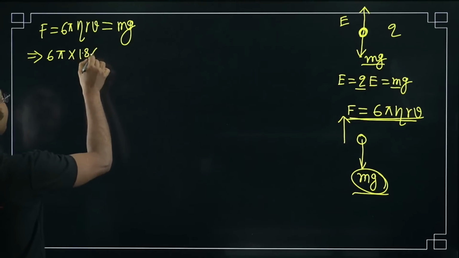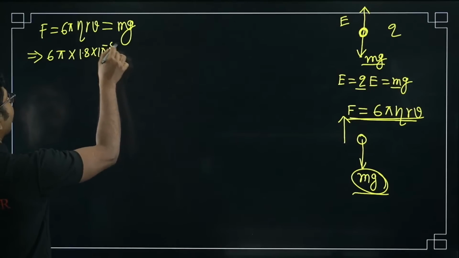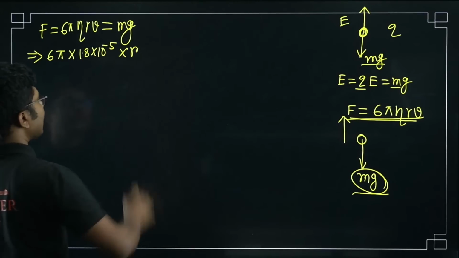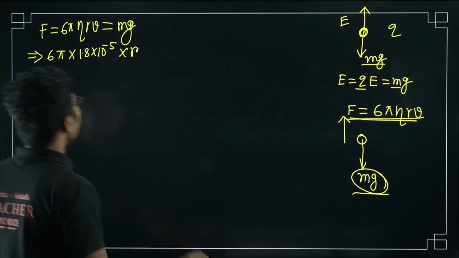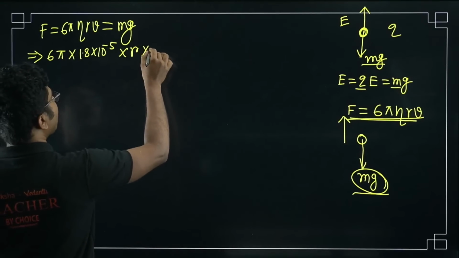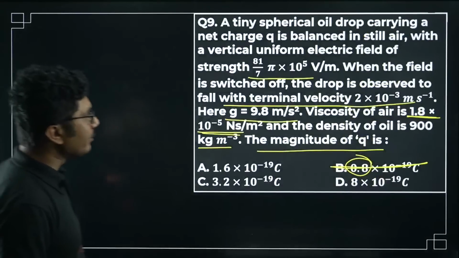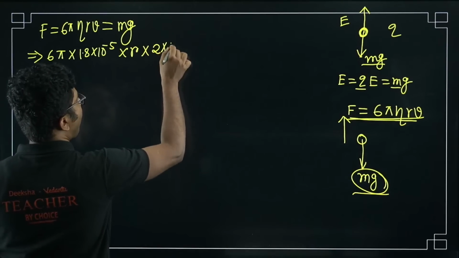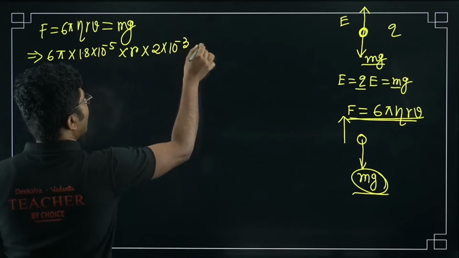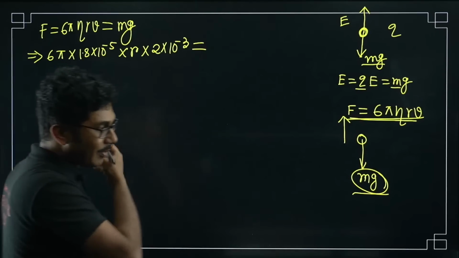Radius is not given. If radius was given, this would have been an easy problem. Velocity is 2 into 10 to the power of minus 3.